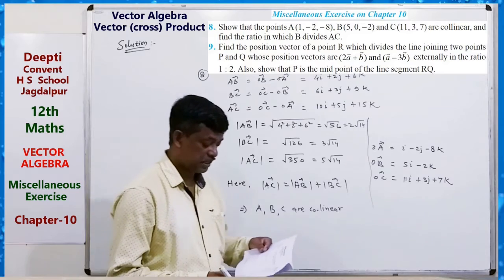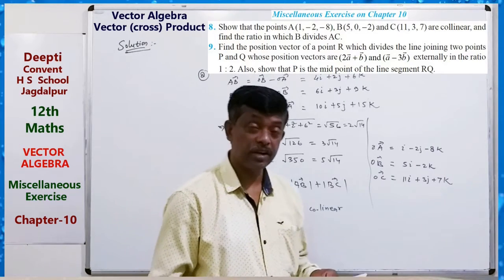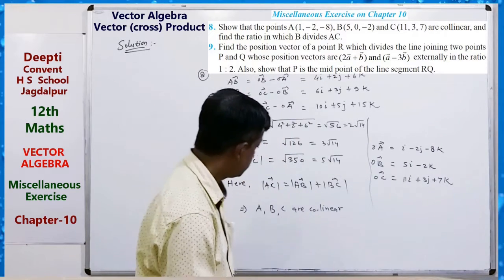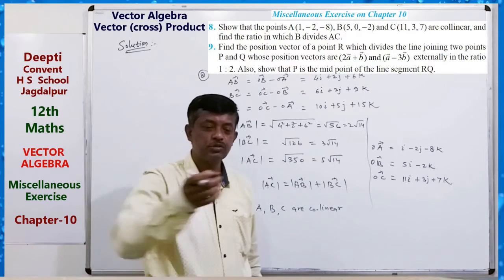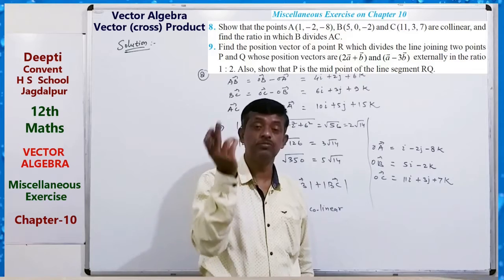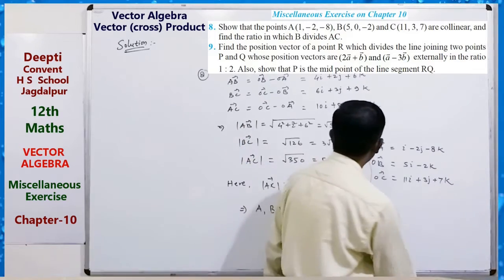Now the second part is to find the ratio in which, because A, B, C are collinear and on the same line, B divides AC.